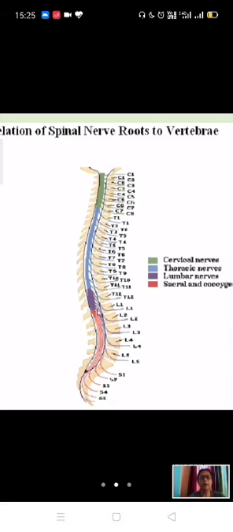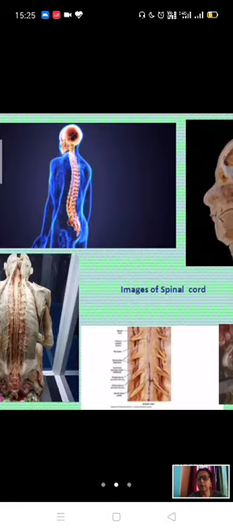Okay, so this is the structure of the spinal cord. Now let's go to the previous slide first.